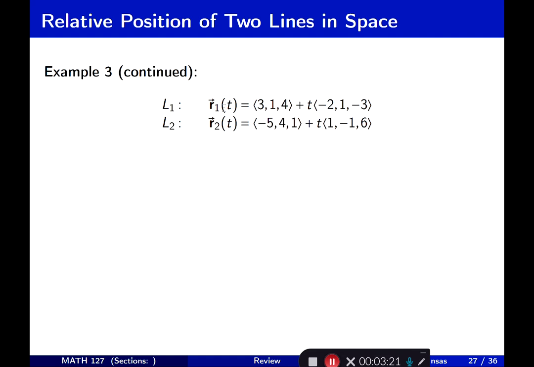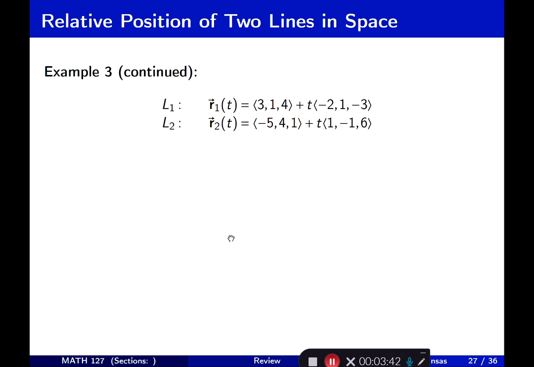R1, or L1, if you write it in vector form, is basically the point, the things that didn't have t, plus t times the things that had t. You can dissect it that way, and R2 also the same way.